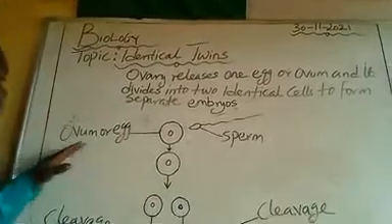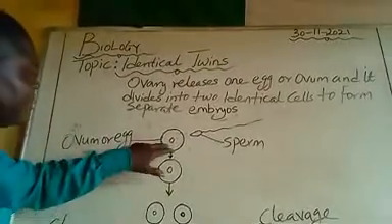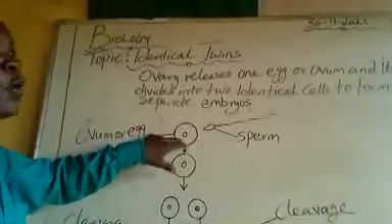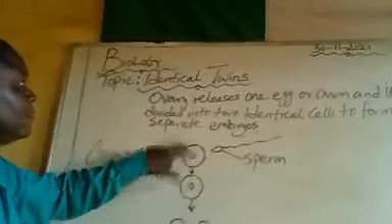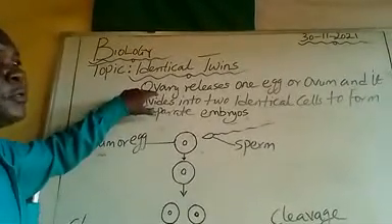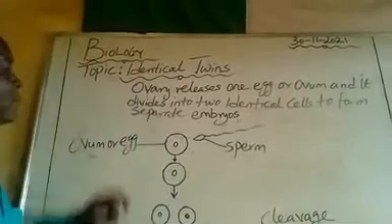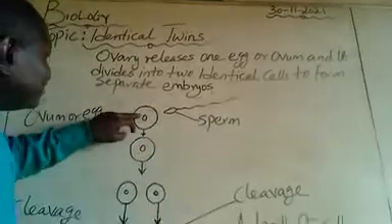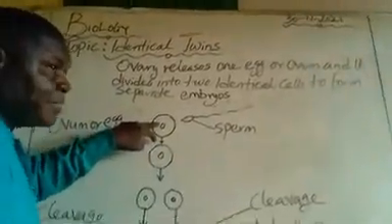Here, as you can see, this is the ovum being released by the ovary of a woman, right? Here, fertilization has not taken place.